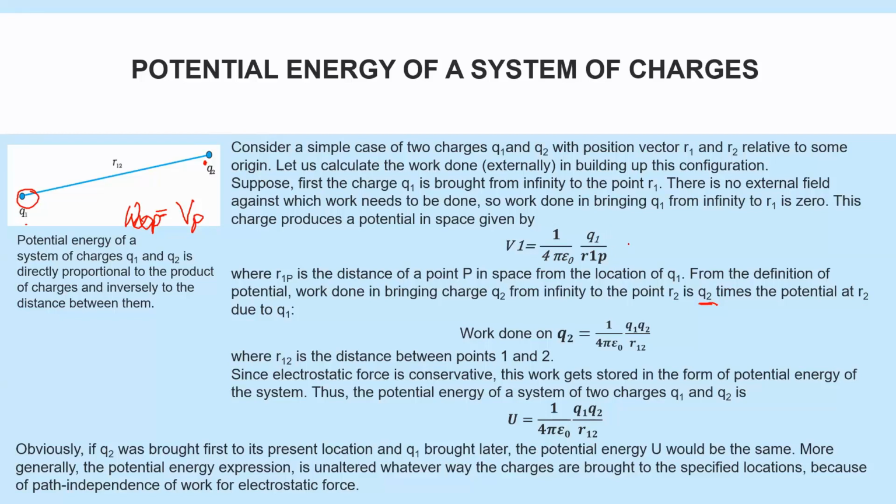If you then brought Q1 after that, it would be affected by the presence of Q2 already there. So the work done would be equal to the potential at this point due to the presence of Q2. Then the equation would change to: work done on Q1 is equal to 1 by 4 pi epsilon 0.